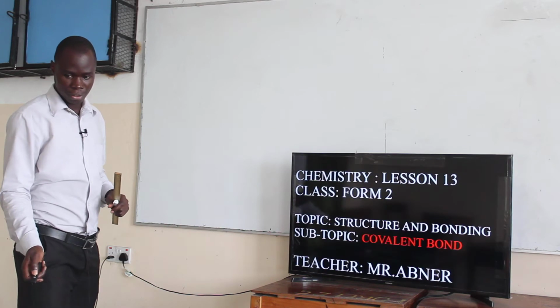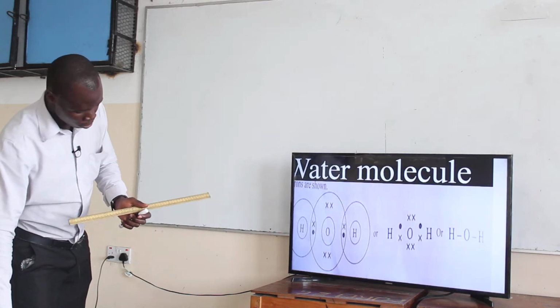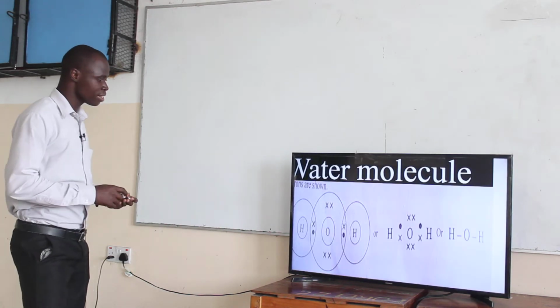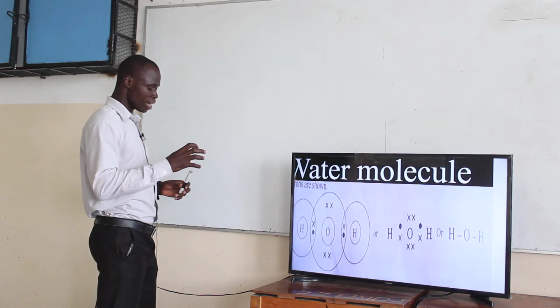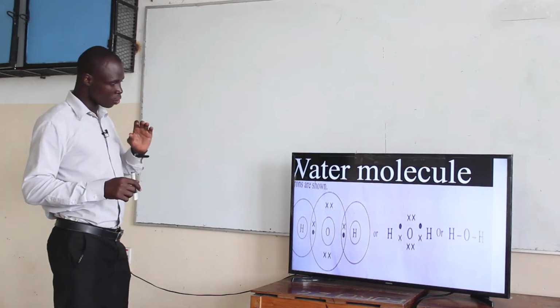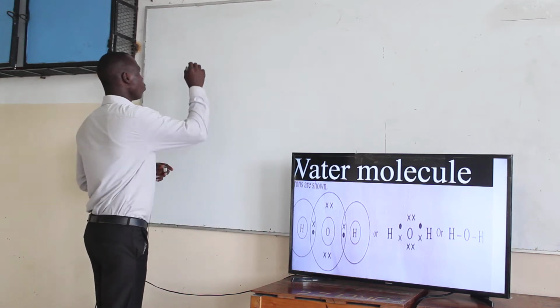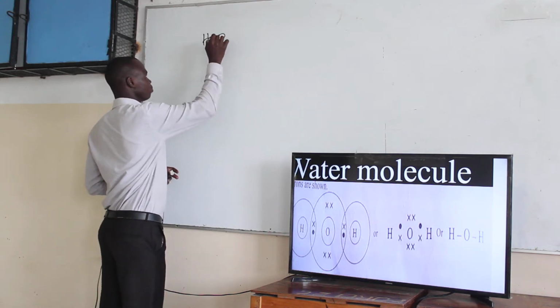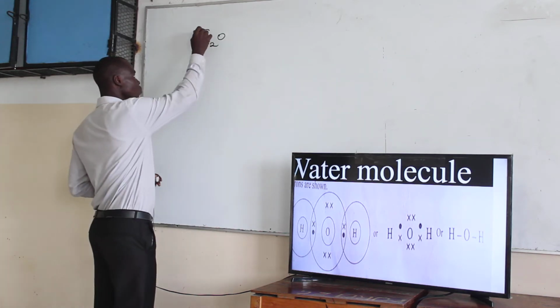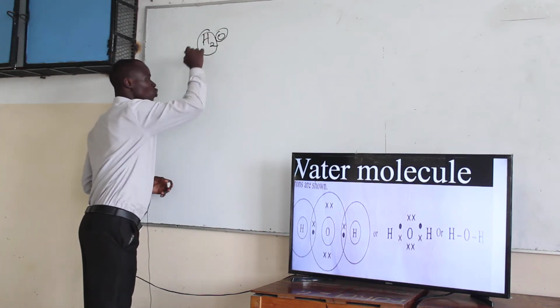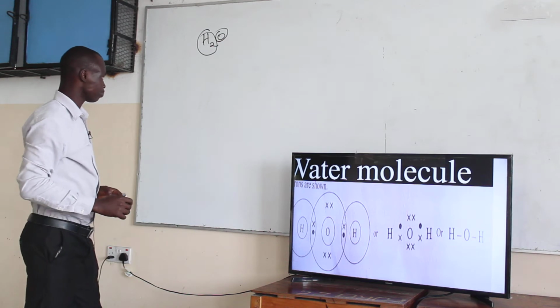That being said, in structure and bonding, we always want the elements to acquire the configuration of a noble gas. For example, in water, which is written as H2O, that means we are going to have 2 atoms of hydrogen and 1 atom of oxygen.